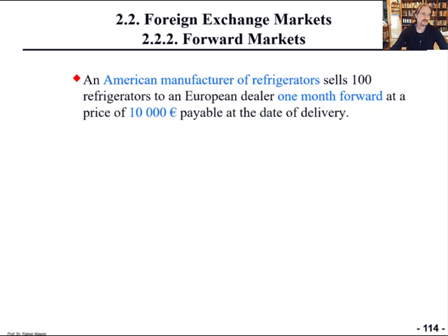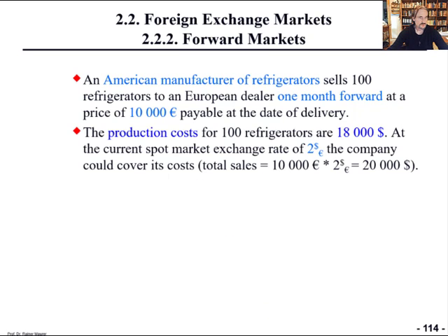Let's assume that on the other hand we have an American manufacturer of, for example, refrigerators who sells 100 refrigerators to a European dealer 1 month forward at a price of 10,000 euro payable at the date of delivery. The production costs for 100 refrigerators are $18,000.